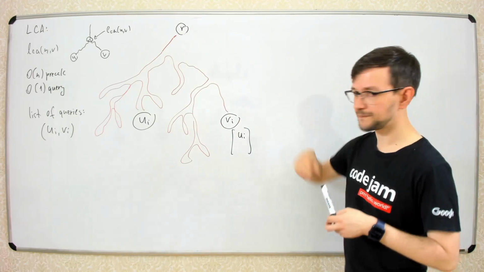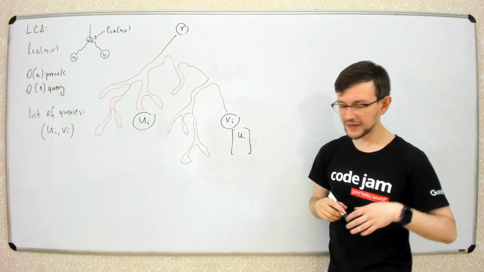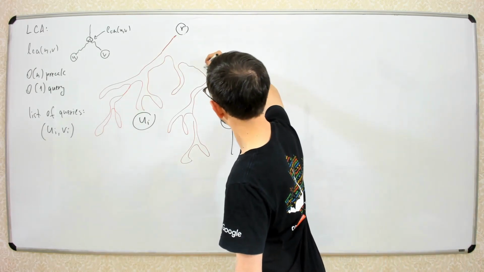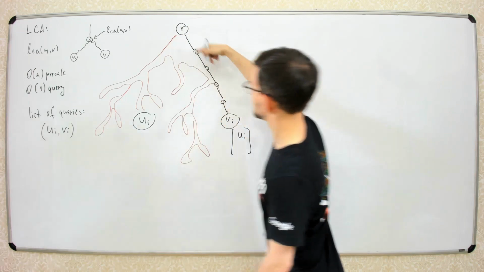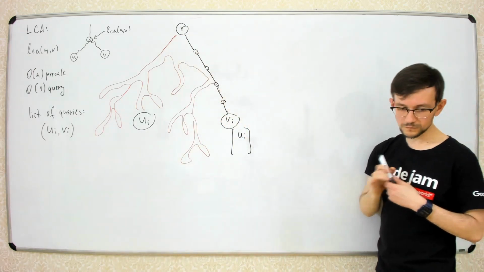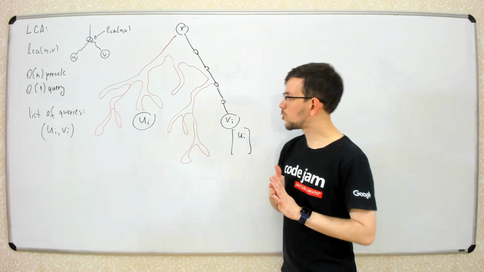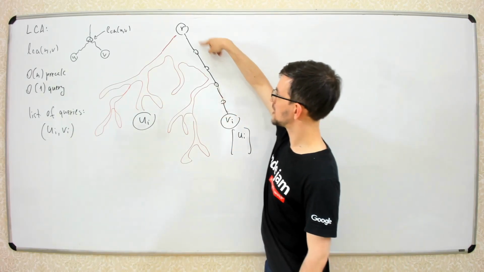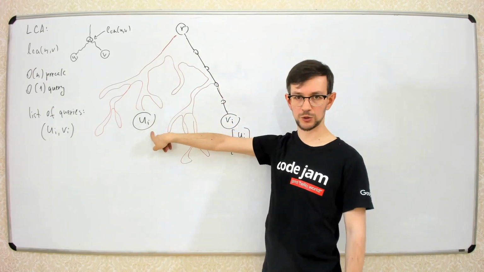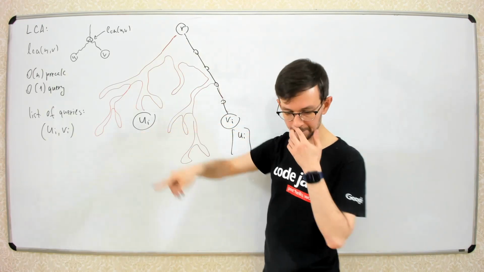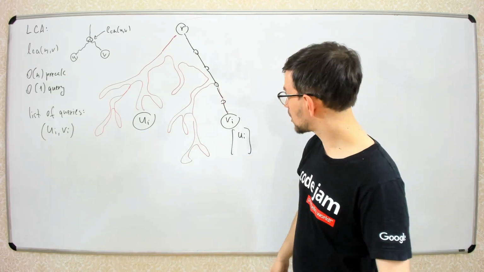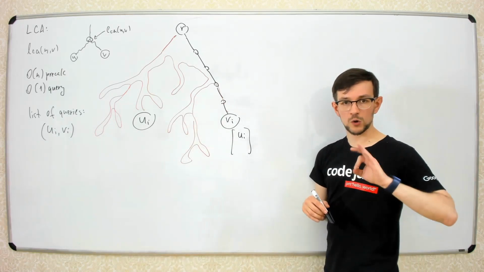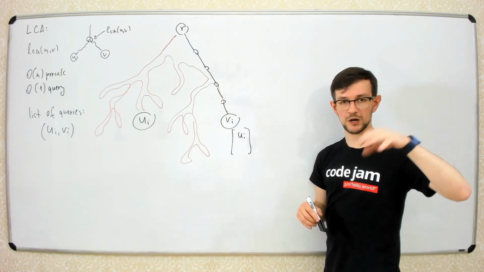So now, how to answer the query? Let's take this node V and find all ancestors of this node V. So this node V has some number of ancestors like this. Now what we want to know is which of these ancestors is actually the ancestor of this node U. How to do this? Let's mark all the nodes which already finished this recursive traversal.